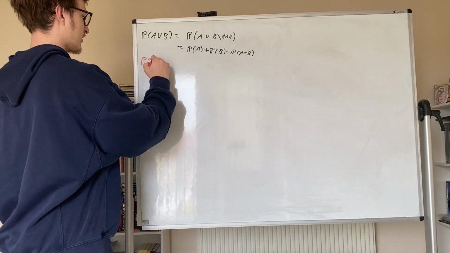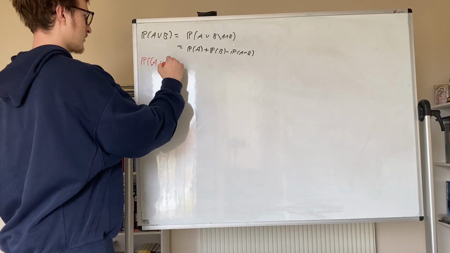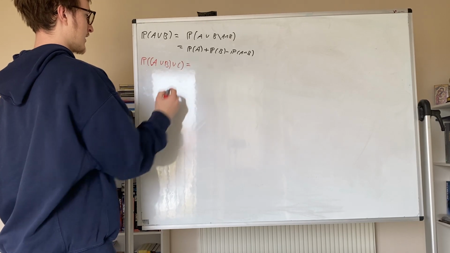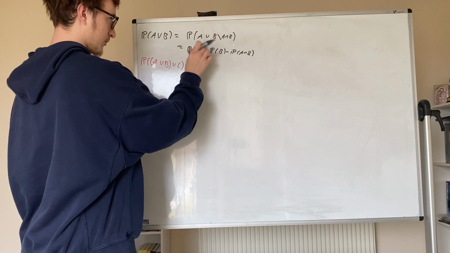So what about the probability of A union B union C? What happens now? Well, let's apply this formula first.